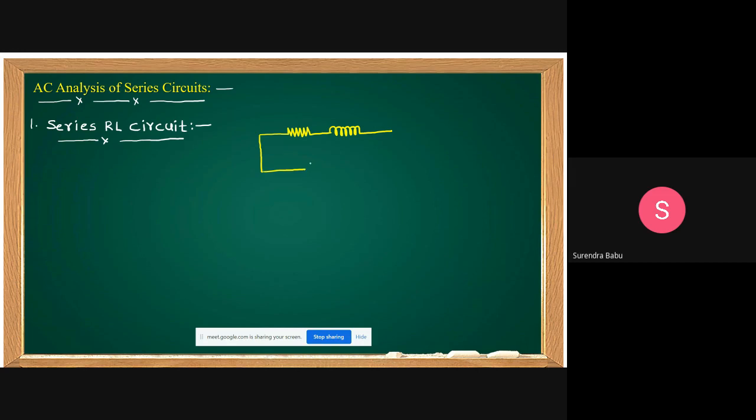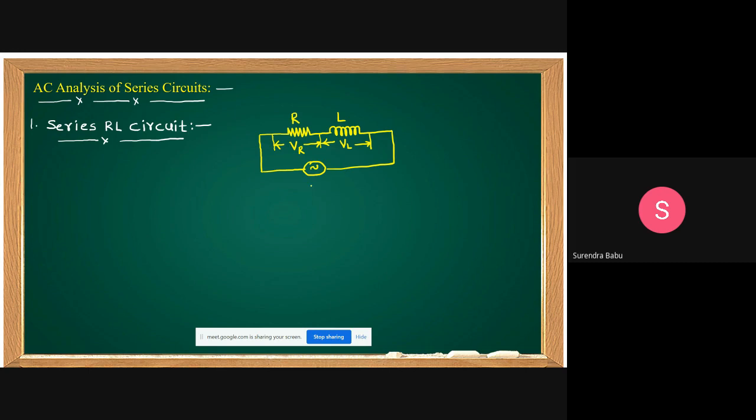This is R and this is L. The voltage across the resistor I'm taking as VR and across the inductor as VL.